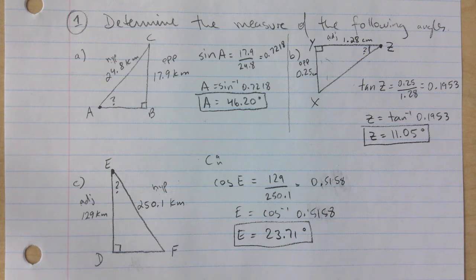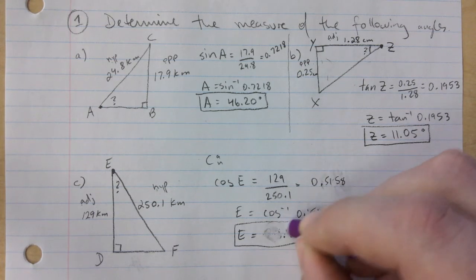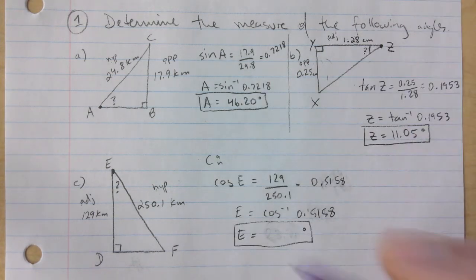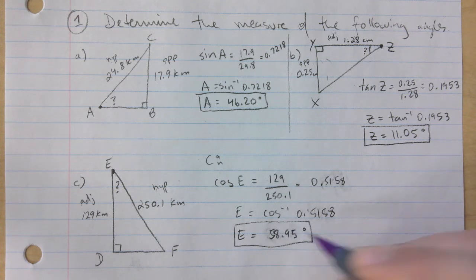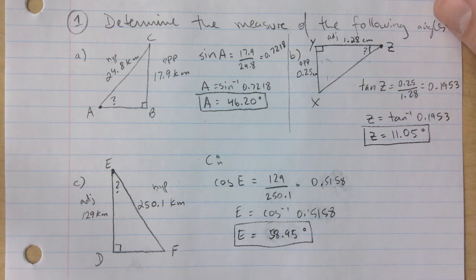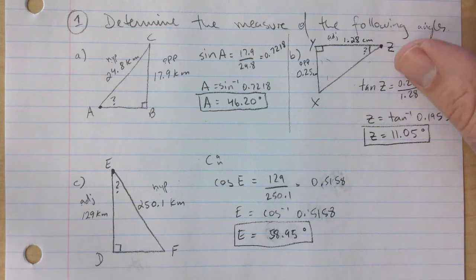That's 58.95 degrees. Thank you. That's better, right? Thank you, guys. Benedict, Isabel, thank you. Please correct that. That was my mistake. That would have probably cost you half a mark if that happens. So be careful with that.